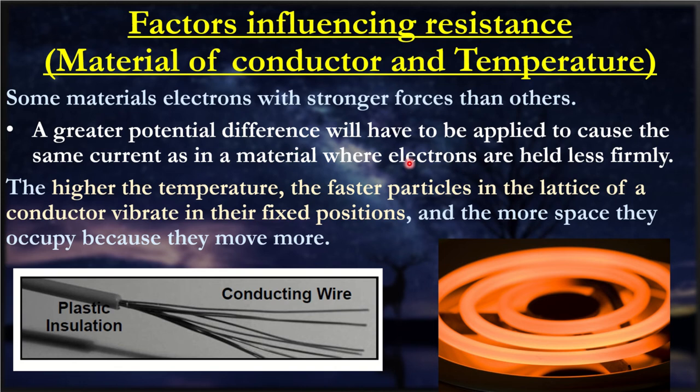Again, this would be the difference between an insulator and a conductor. So with a conductor, it's much lower resistance in comparison to an insulator. So we know that conductors will have free localized electrons, so it has a lower resistance in comparison to an insulator, which has a much higher resistance in that comparison.